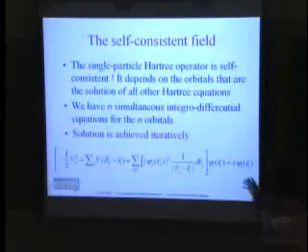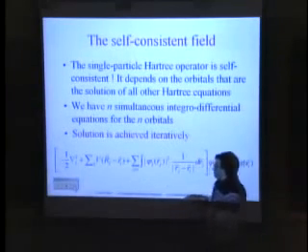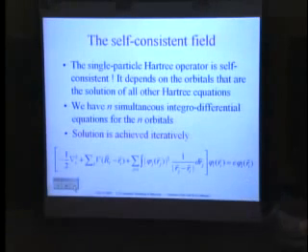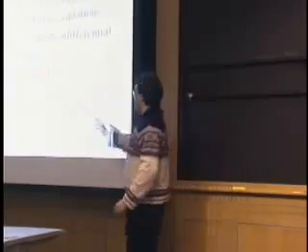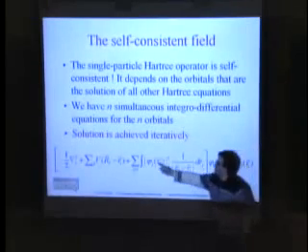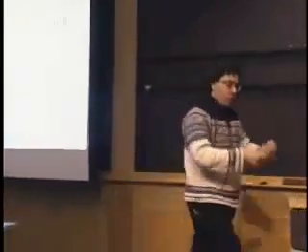And so really, this is very different. The Hamiltonian operator here is not anymore given at the beginning of the problem, but actually needs to be found, because the operator, the action on one electron, depends on what the other electrons do. And in order to find out what the other electrons do, we need to solve the set.